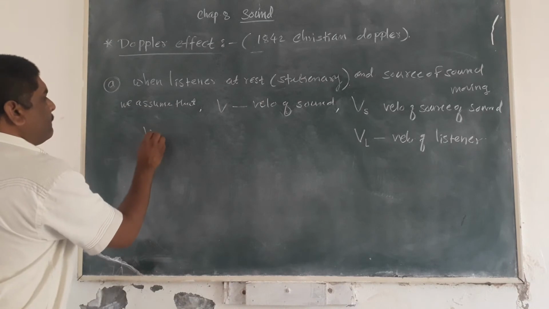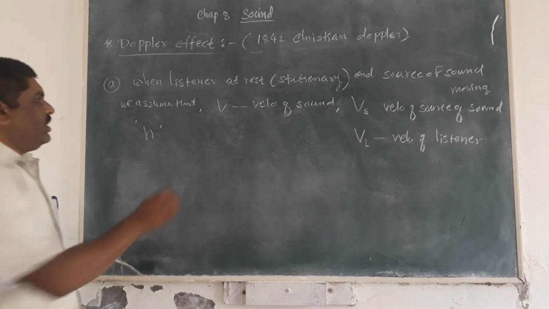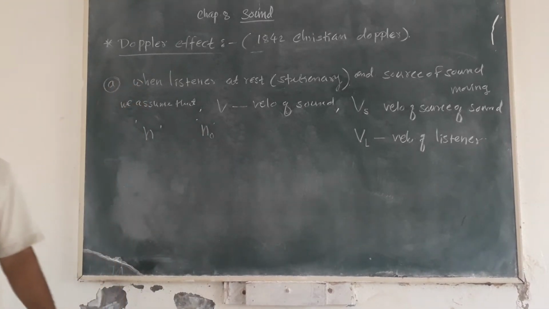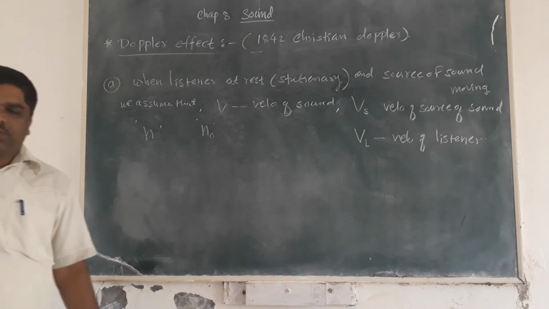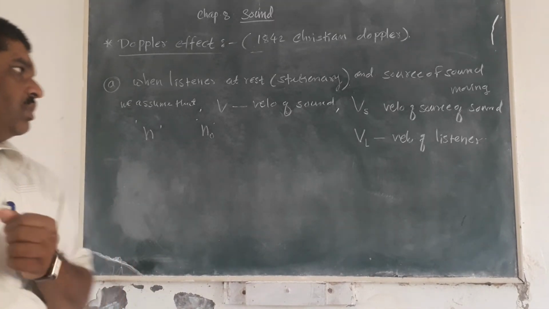Also N is the apparent frequency and N0 is the frequency of source.